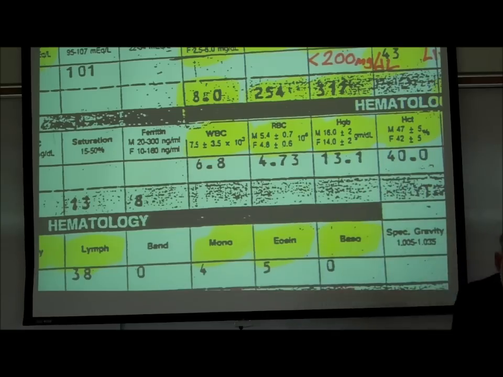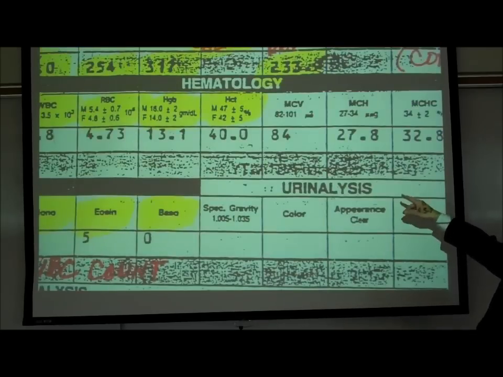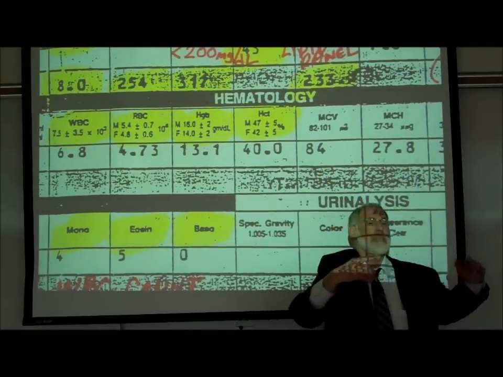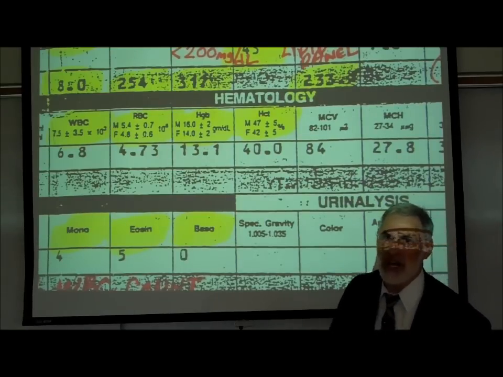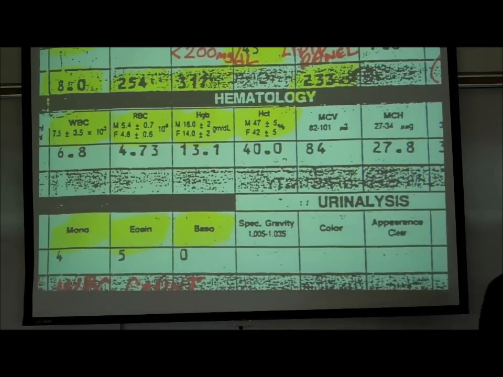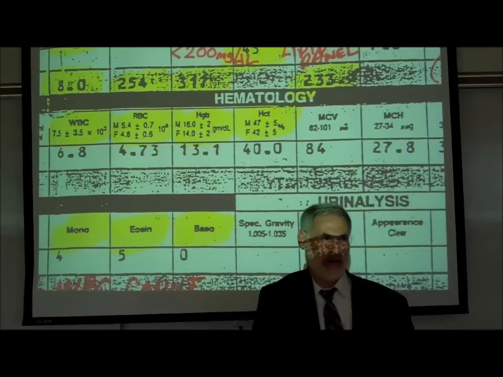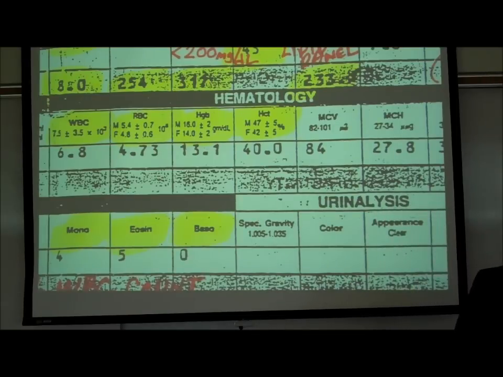All right, now they also measured the HCT. What's the HCT? The hematocrit. I lectured on the hematocrit. It's on page 1 and page 2 of the hematology. So maybe you were here, maybe you weren't. What's another name for the hematocrit? Percent PCV, packed cell volume.